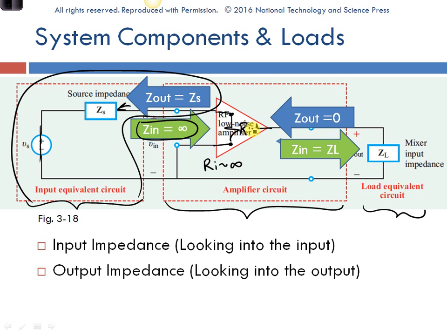Remember that when we have an op-amp, we have an output resistance, Rout, so our Zout is approximately 0. Then let's look into our load. Zin is ZL, like this. So we now have looked at our input and output resistances or impedances for each one of the elements in our circuit. An input impedance is looking into the input, and an output impedance is looking into the output.